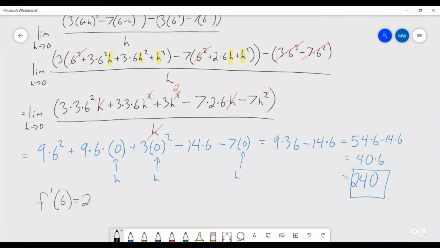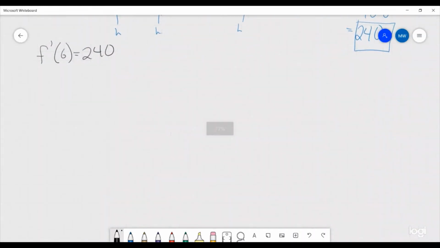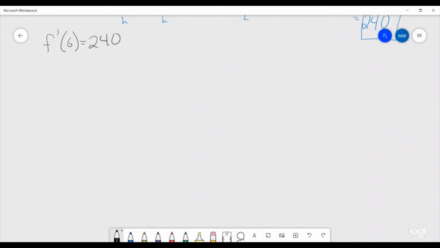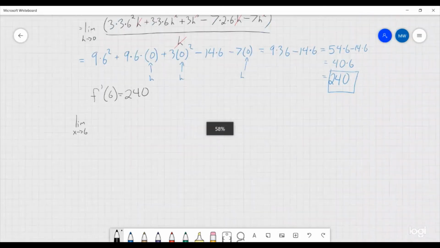Now, we would have gotten the exact same thing if we had gone through the process using the other limit. So let's do that now. That is the limit as x approaches 6 of, what was the function again?